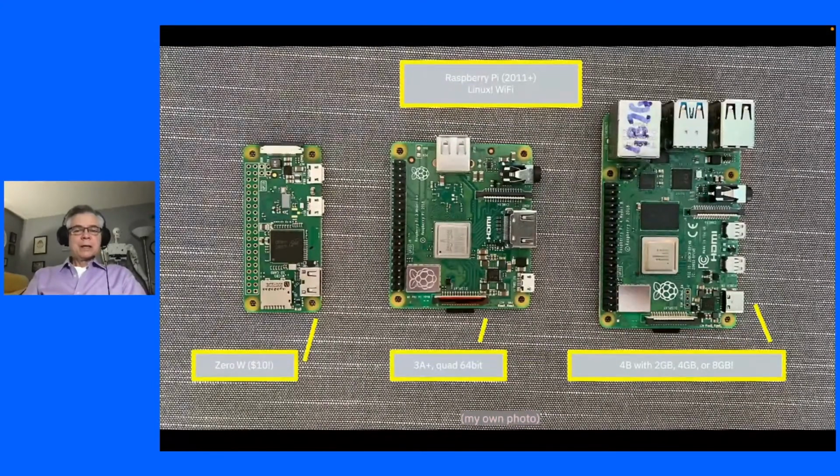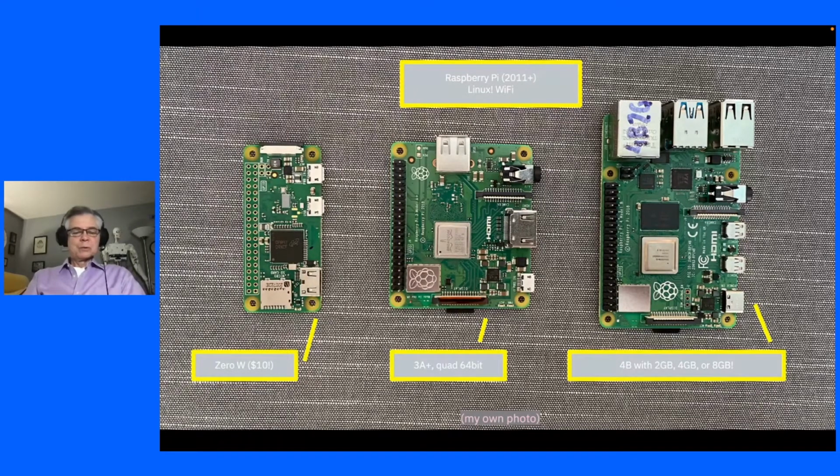Then in 2011, the Raspberry Pis had come out, and they have been growing many different models since then. There's just a few of them shown on the screen here. The 0W was previously the small workhorse for this family, but now there's the 02W, which costs a little bit more, $15. But it's got the 64-bit CPU instead of the ARM32 v6 in the Raspberry Pi 0W you see there.